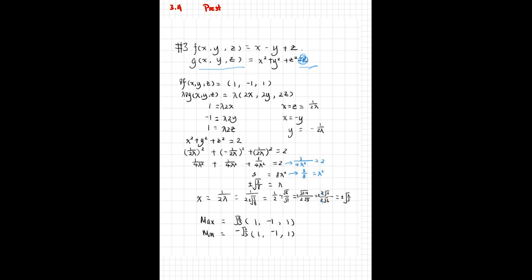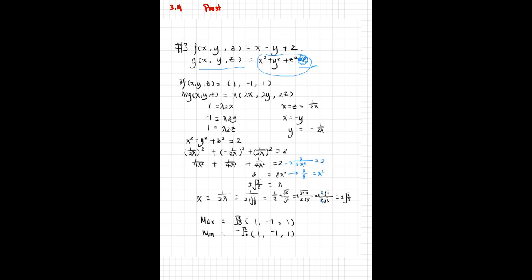So x squared plus y squared plus z squared equals 2 is given to you as a level set. Out of this level set, you manufacture function g as x squared plus y squared plus z squared. Or if you want to involve 2, you would change the equal sign to minus 2.